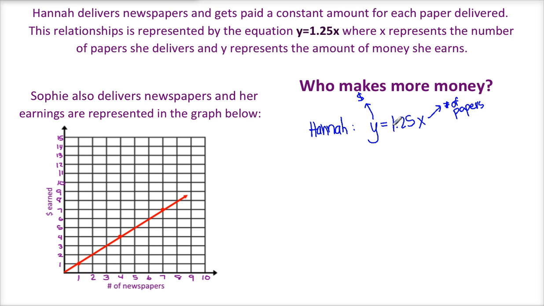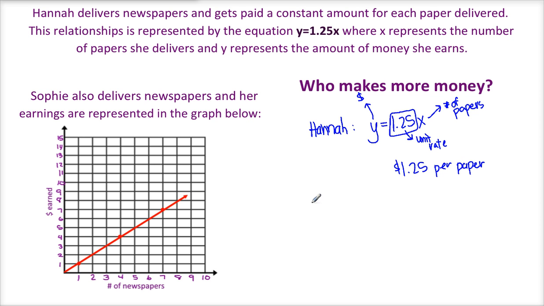And so this 1.25 right here, this is how much money she earns per paper. Depending on how many papers she delivers, we multiply that by 1.25. So 1.25 is actually her unit rate. So in other words, she makes $1.25 for each paper that she delivers.